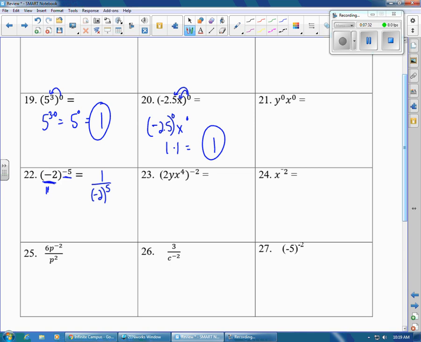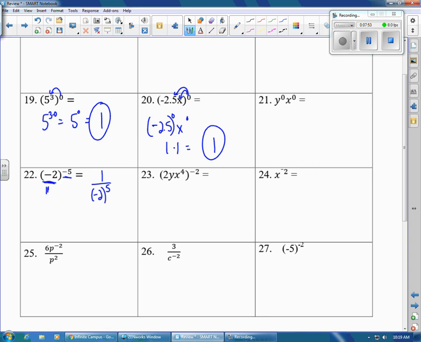Let's look at 23. 23 is actually a multi-step problem. You can do it in a number of different ways. You can start with distributing this negative 2 to everything inside the parentheses, your power to power. Or we can take care of the negative first.